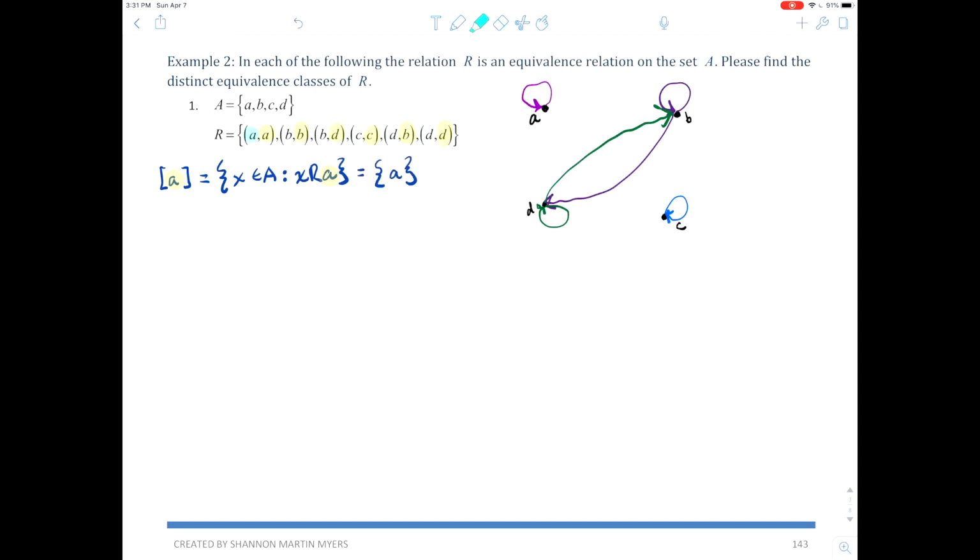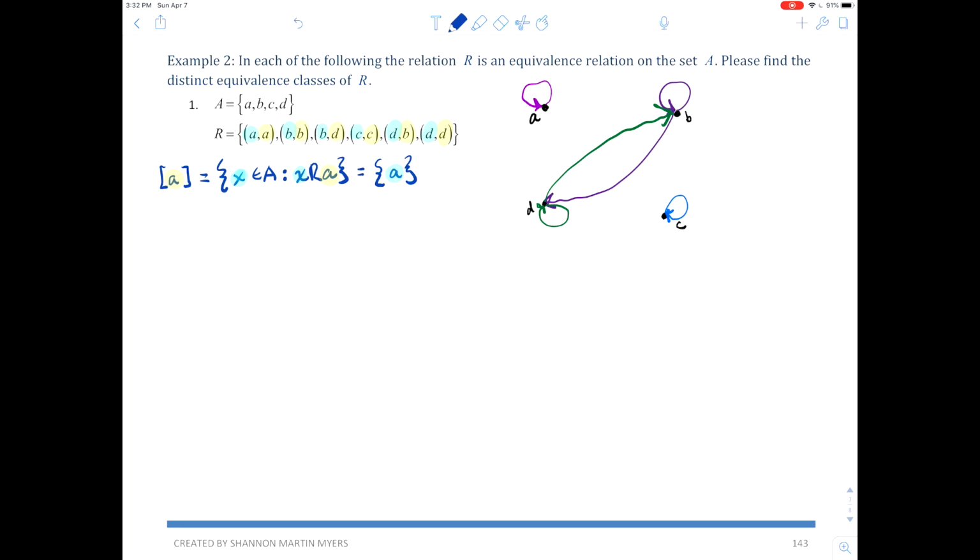Well, the only one that works is A. So we're only going to have lists of the inputs. And remember, we're working with the equivalence relation on A. Good so far? Okay, and that's our input.